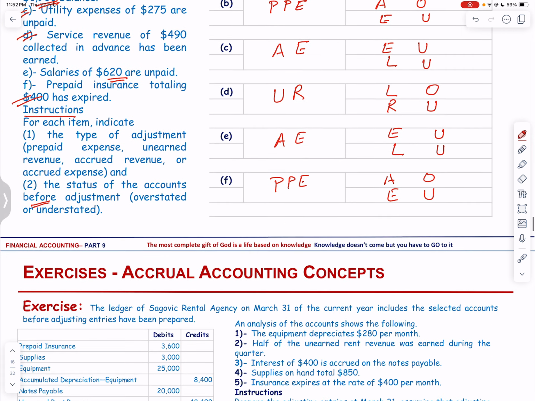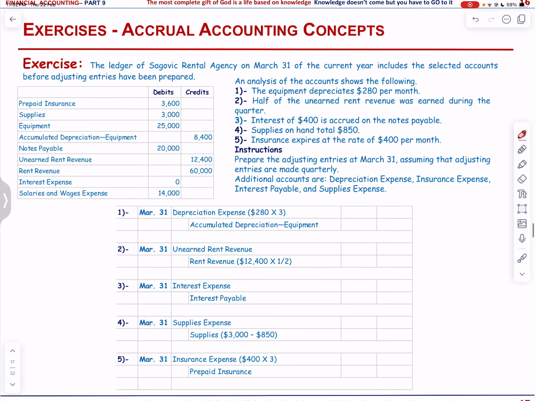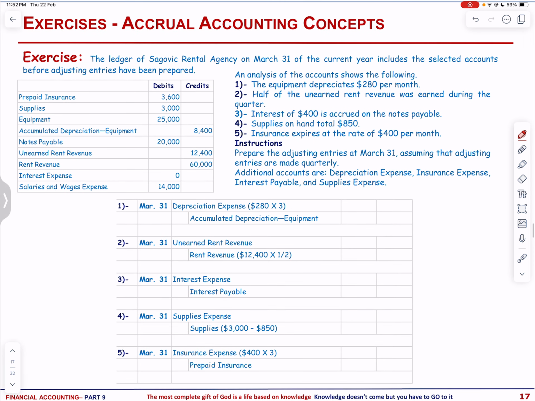Let's move on to the next exercise. The ledger of Sajovic Rental Agency on March 31 of the current year includes the following selected accounts. We have these accounts over here, and we have to analyze these as well, and we have to prepare the adjusting entries at March 31, assuming that they are made quarterly.